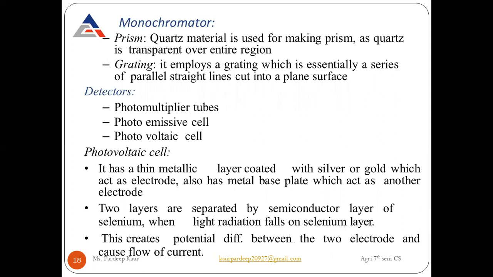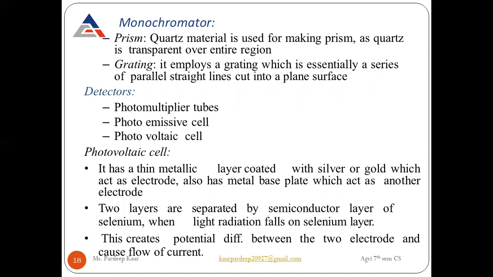Next component is the monochromator. In the monochromator, there is a prism that uses quartz material, as quartz is transparent over the entire region. Next is the grating, which is essentially a series of parallel straight lines cut into a plane surface.